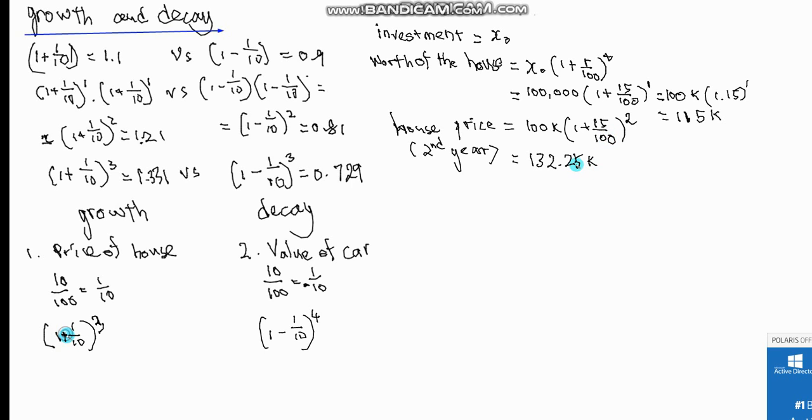Okay, that's how. Okay, now let's look at the price of a car depreciation. Let's say we start off with the car price at the end of the first year.